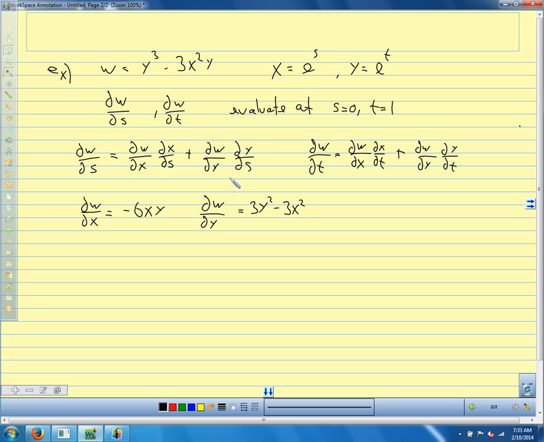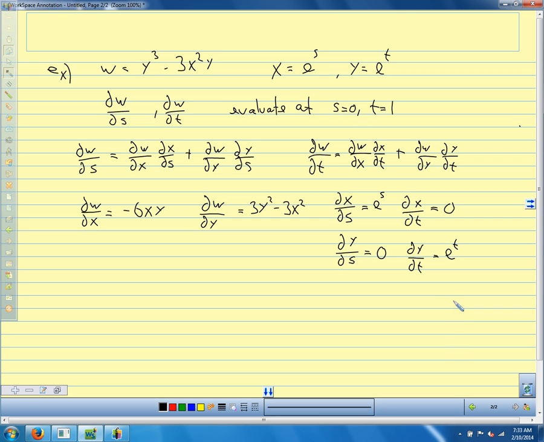And then our partial of x with respect to s is e to the s. Partial of x with respect to t is 0. That's kind of nice. dy/ds, partial of y with respect to s, is 0. Another one kind of nice. And the partial of y with respect to t is e to the t.